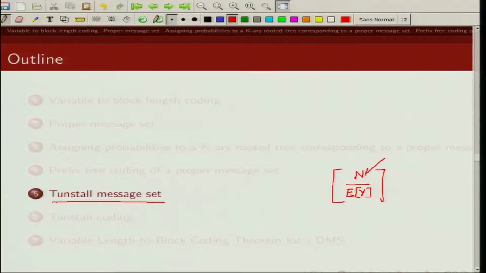This is the output code word length, this is the input to the block encoder. Because n is fixed, I want to maximize my expected value of Y. So I would like to parse my source into sequences such that my expected value of Y is maximized.